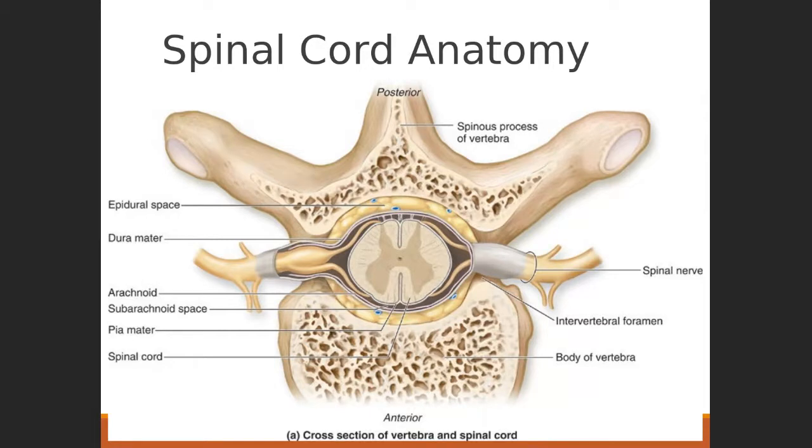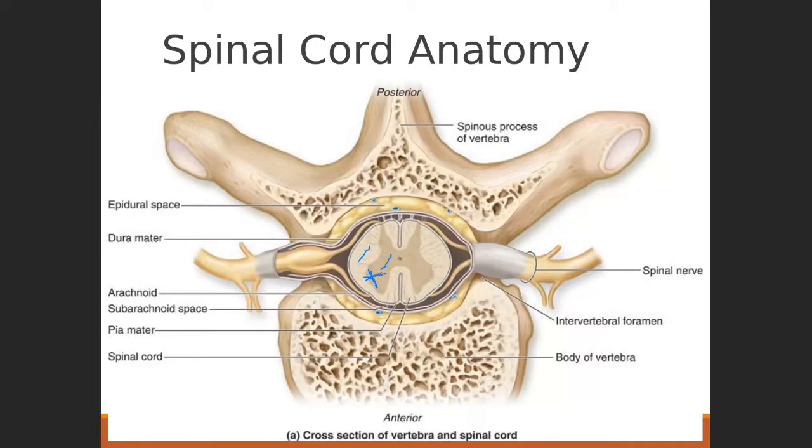Meanwhile, here is our anterior gray horn. You can see our spinal cord is divided up into white matter and gray matter. We'll get to that in just a moment. But where I put the X is the anterior gray horn. That's where the cell bodies for motor neurons are going to exist.